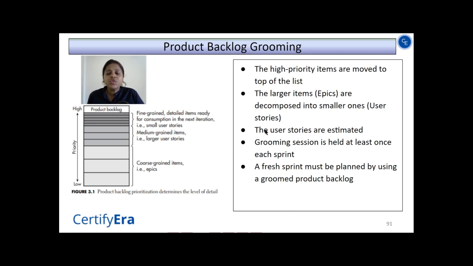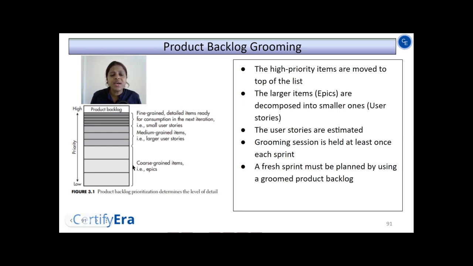And the user stories must be estimated. So prioritize the requirements, decompose the requirements into smaller requirements and estimate the requirements or user stories. So these are the three important activities that we perform as part of the grooming session.